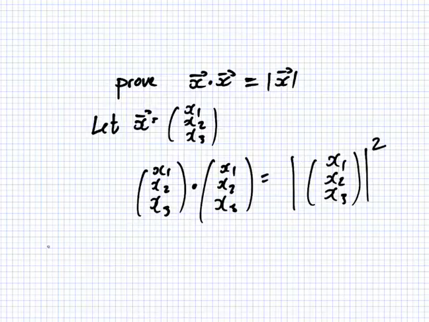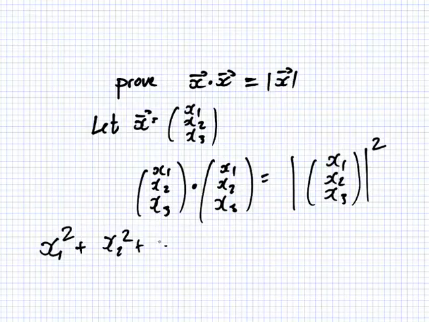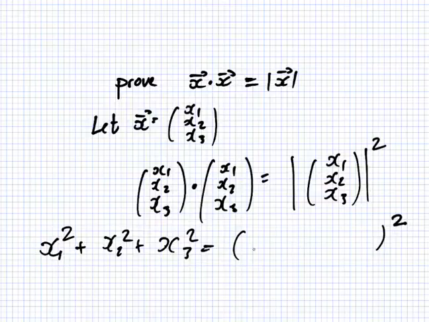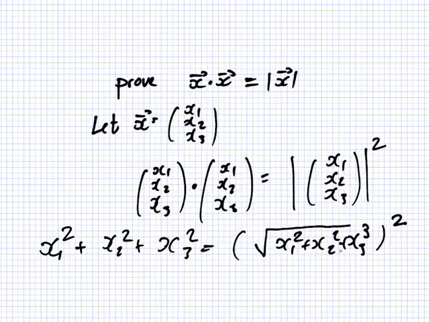So here we want to show that we have x1 by x1 plus x2 by x2 plus x3 by x3 equals magnitude squared, and the magnitude is the square root of x1 squared plus x2 squared plus x3 squared.